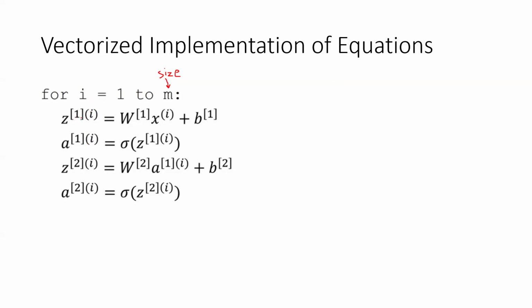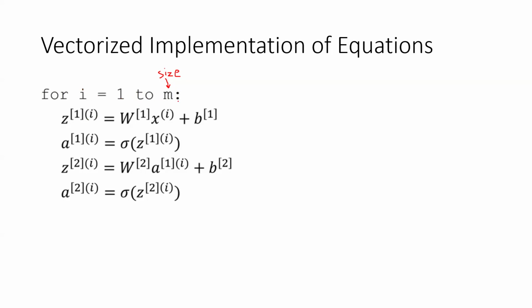Next to the layer number, which is given in square brackets, you put parentheses and a number, which is the data point count in this notation, right? This is the notation that we will use in the future as well. In this case, you can find it for the ith data point, right?